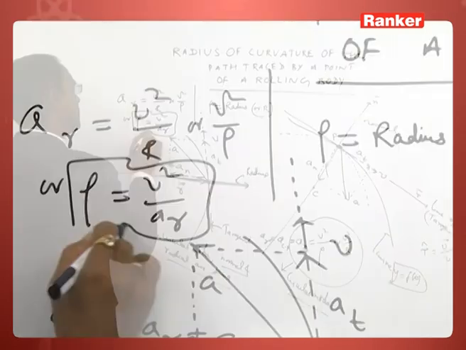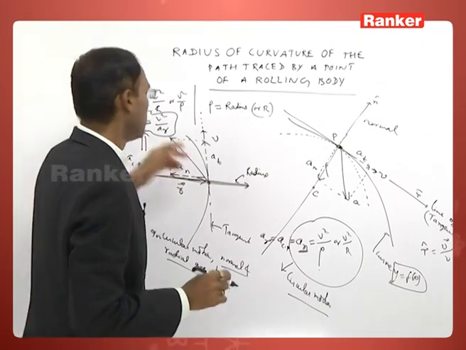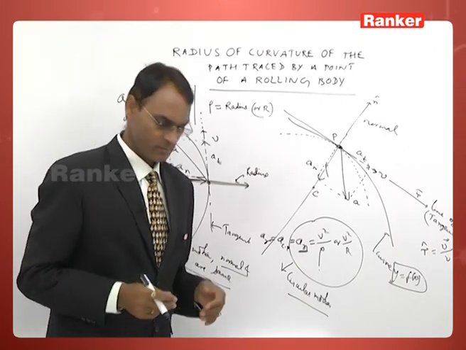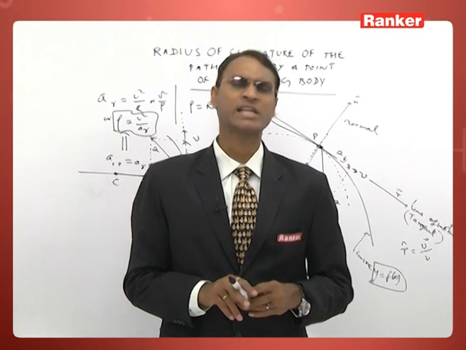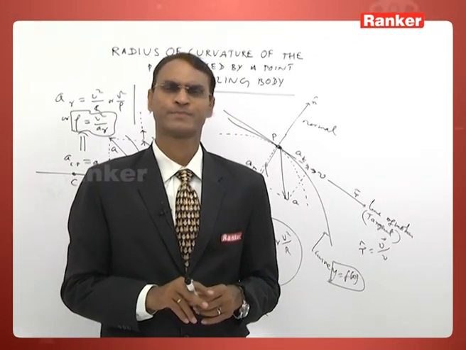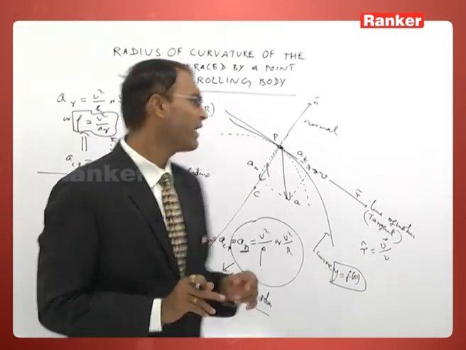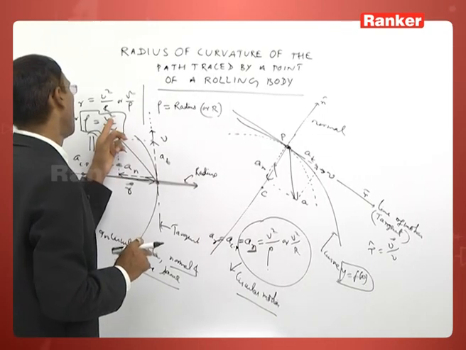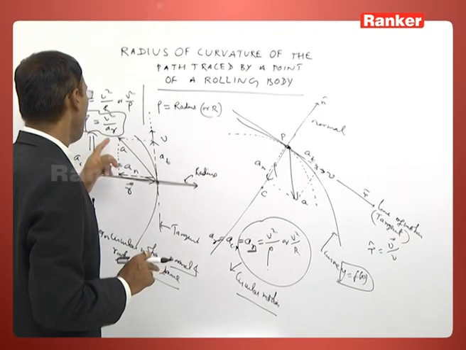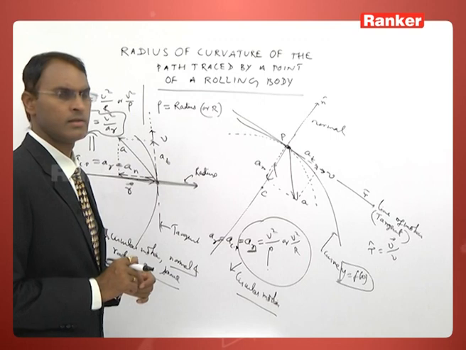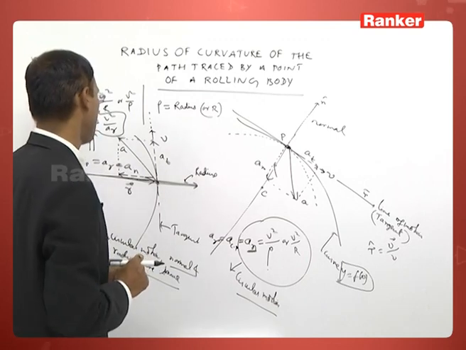This is the formula for radius of curvature of the path traced by a particle or a point having a velocity v and radial acceleration a_r at the given point.